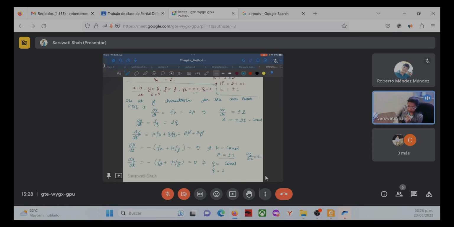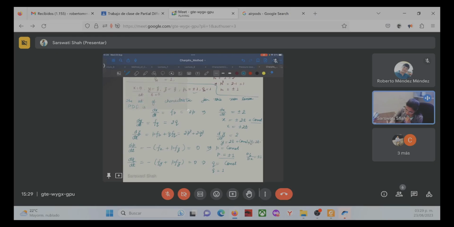Now at t equals 0, x equals 0, so the constant will be 0 and we are left with x equals plus minus 2t. And dy over dt equals 2q equals 2. So y equals 2t plus constant. At t equals 0, y equals xi, so the constant will be xi. So y equals 2t plus xi.